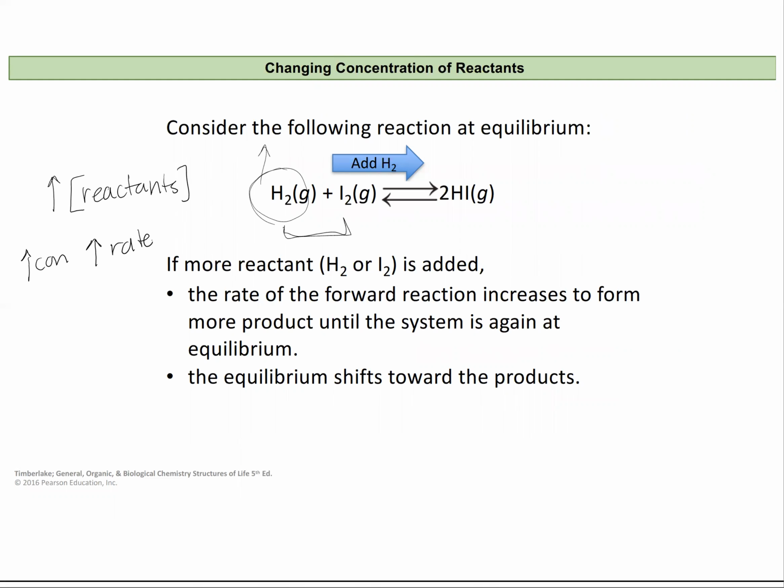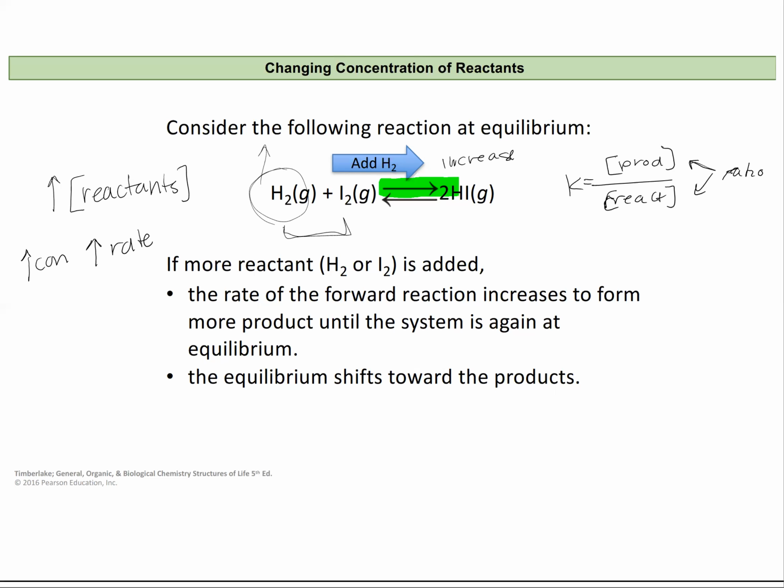And so if I now have more reactants, that means my forward reaction rate right here is going to increase. And it's going to increase and form more products until we reestablish that ratio of our products relative to our reactants that's described by our equilibrium constant. And so once we get back to this magic ratio, then the reaction will be at equilibrium again.